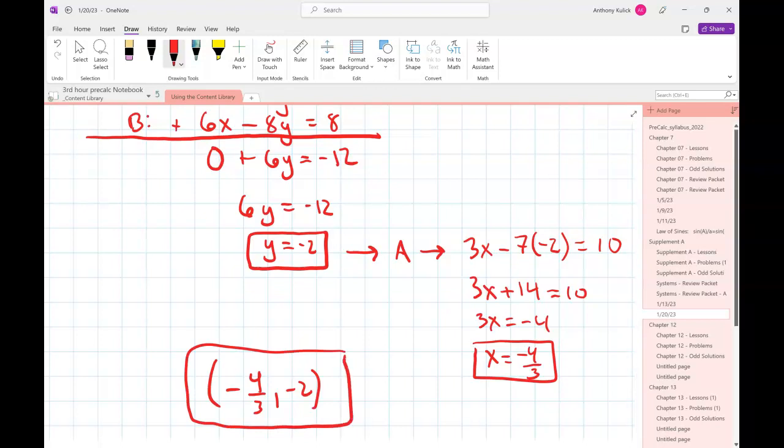Note that that one would have been kind of rough to come up with by graphing, right? Finding a -4/3 would have been tough, to be so careful and so accurate that you get that to come out correctly.